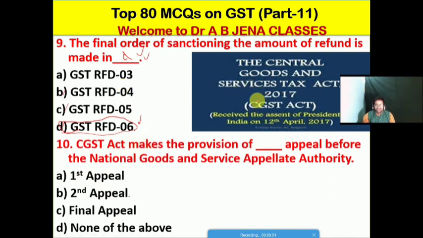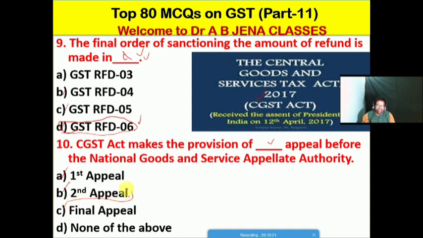Next, we will see the CGST Act, 2017. CGST stands for Central Goods and Services Tax. The CGST Act makes provision for which appeal before the National Goods and Services Appellate Authority: A, first appeal, B, second appeal, C, final appeal, D, none of the above.